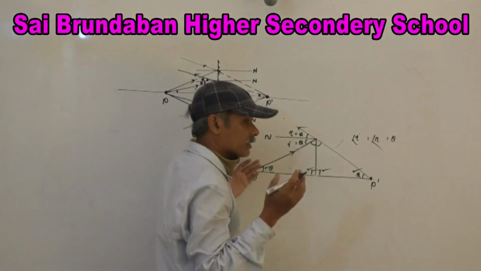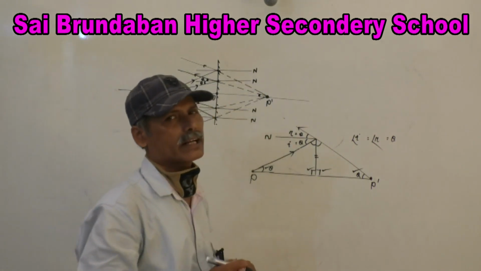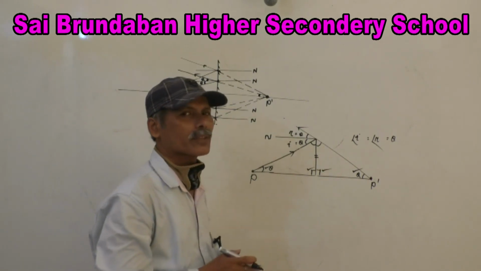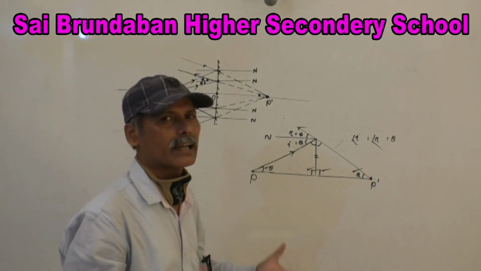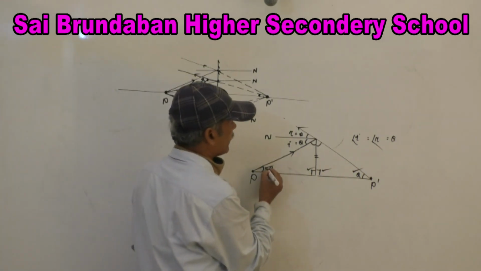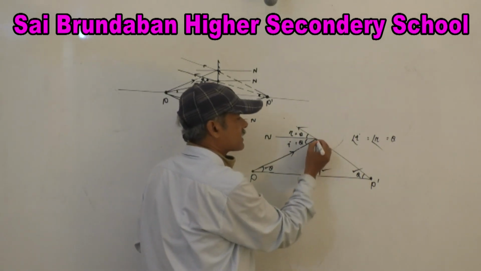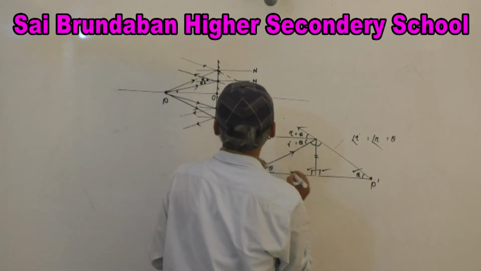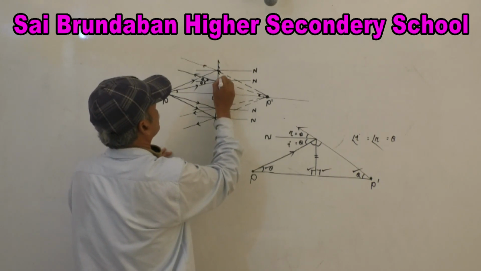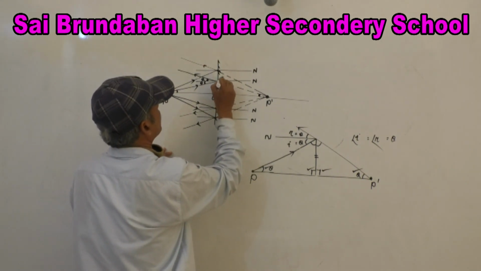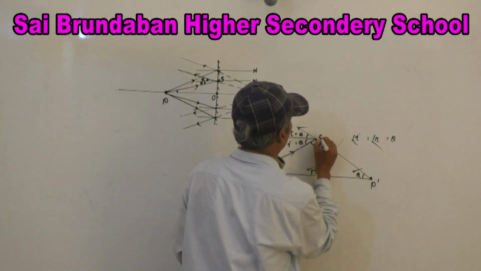Not only that, this is a common side. So now, by the principle of geometry, what you have studied earlier in class 9 and 10, this angle is equal to this angle, this is a common side, so no doubt, let's say its name is S. So now this is S, this is O.